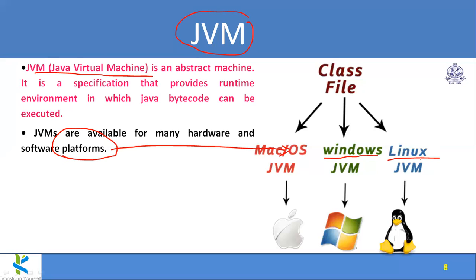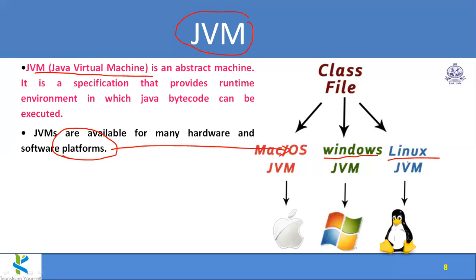So different compilers are available according to the OS. Java doesn't require that. The same software, the same compiler, we can install in any OS. So without any difficulty, we can run it. That is the main advantage of Java, platform independence.